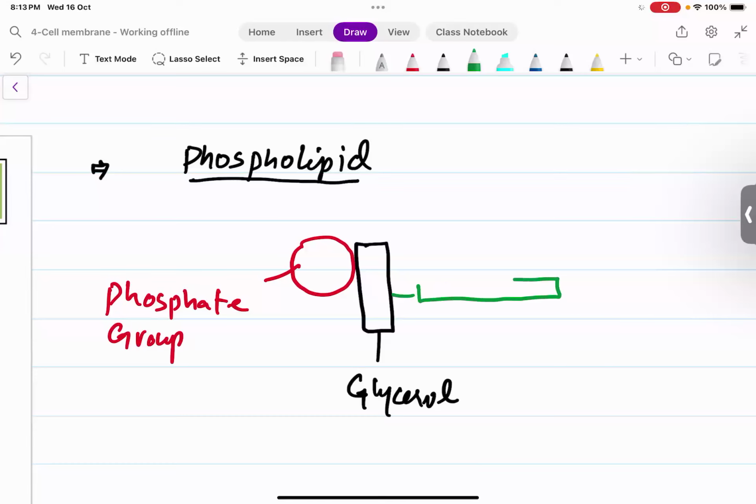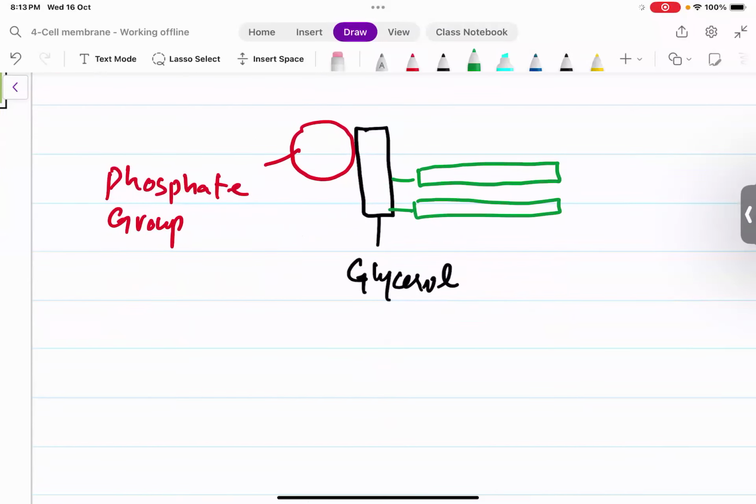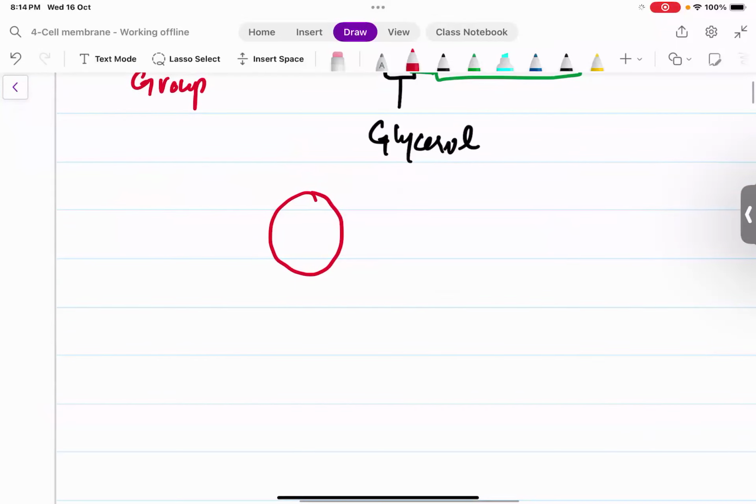This is one fatty acid chain, and this is another fatty acid chain. Okay, so this is how a phospholipid molecule can be drawn, or we can simplify it showing this part as a head. This is the head of a phospholipid molecule, and tails can be represented with this zigzag line.